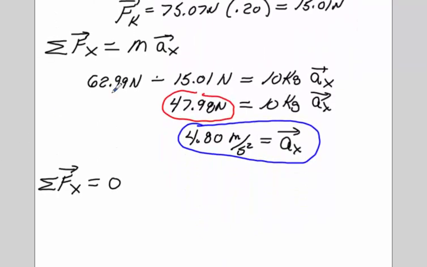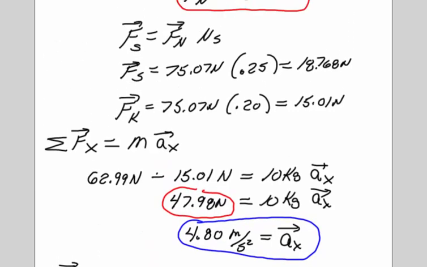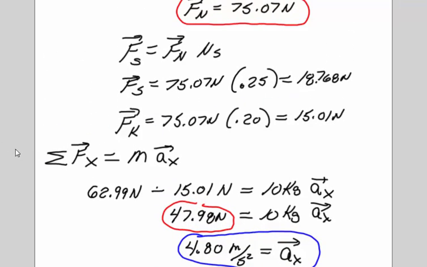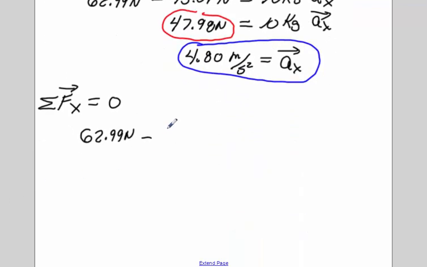So I go back, I have 62.99 newtons minus my static friction, and static friction was 18.768, minus F, because that force is going up, pushing force, and we set that equal to 0.